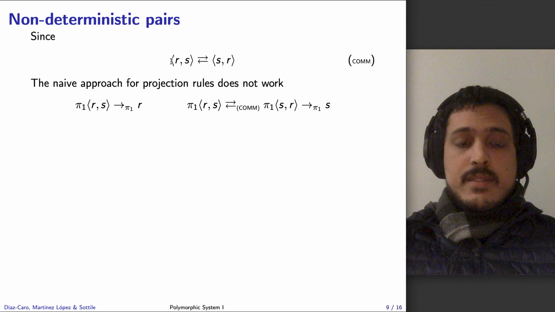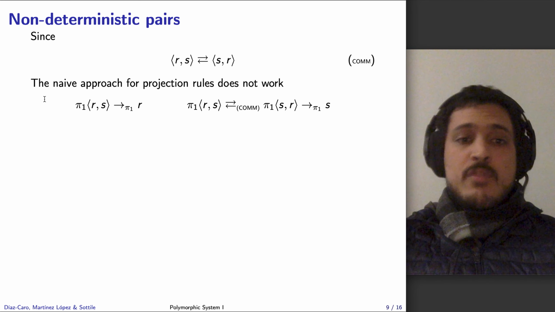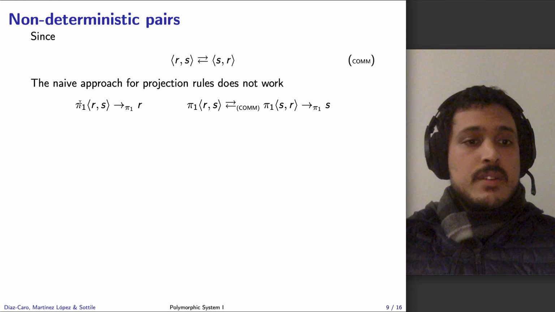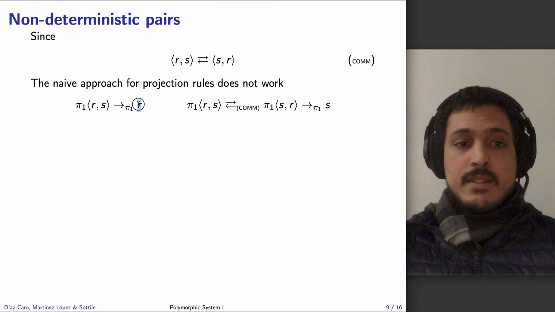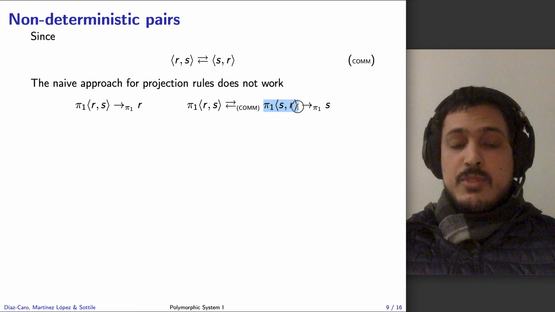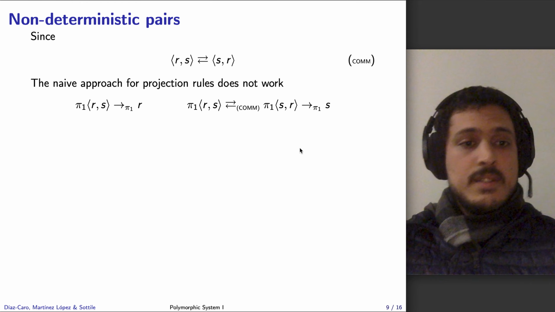Well, since we have this swapping equivalence on pairs, the naive approach for projecting a pair doesn't work, because we can project this pair and we get an R, and we can project this other pair, transform it through the commutative equivalence into this other projection, and then we are getting an S, and if R and S have different types, this is wrong.